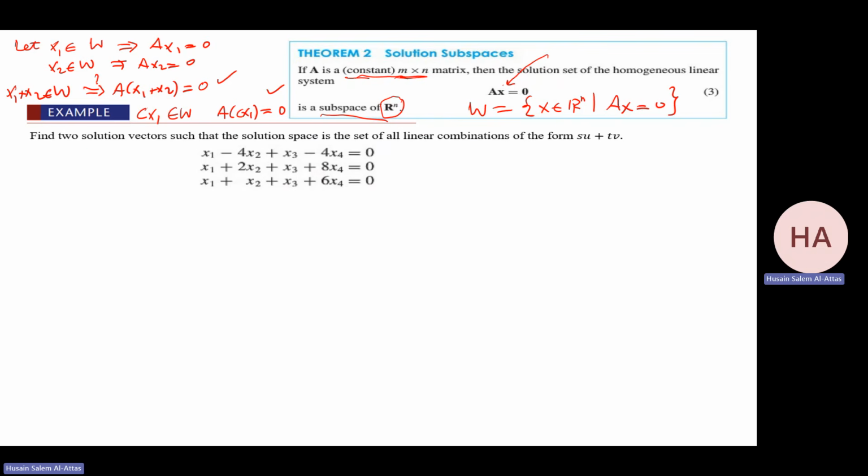So I need to find two solution vectors so that the solution space is the set of all linear combinations of these two. Any solution of this system can be generated by u and v. I need to find these two vectors. There is a procedure. I will tell you the procedure.